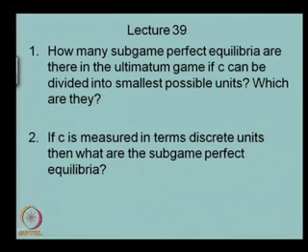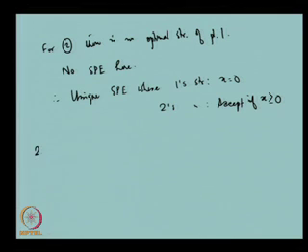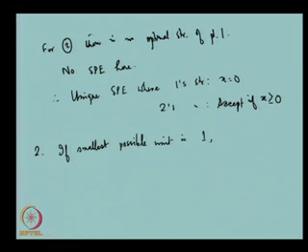If C is measured in terms of discrete units, then what are the subgame perfect equilibria? If the smallest possible unit is 1, right.